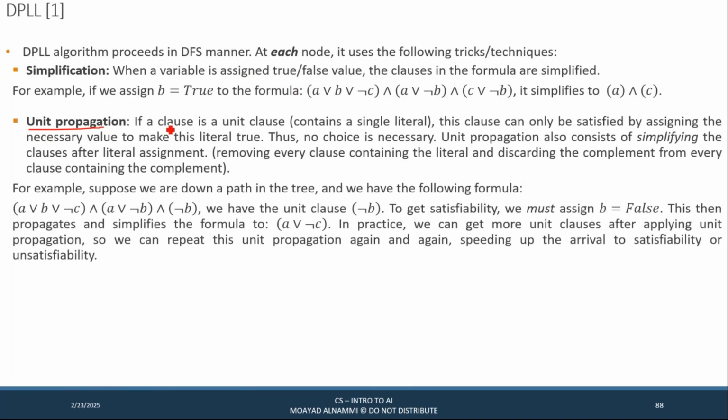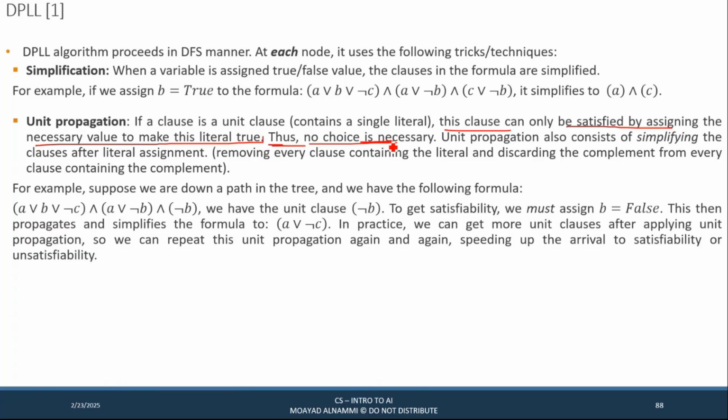Unit propagation. If a clause is a unit clause, and for those who don't know, a unit clause is just a clause that has a single symbol involved. This could be a positive symbol like P, or a negative symbol like not P. This clause can only be satisfied by assigning the necessary value to make this literal true.